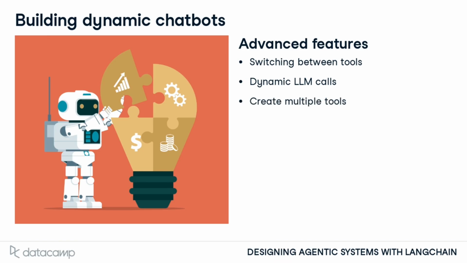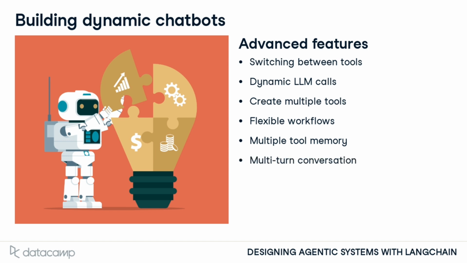You defined multiple tools, built flexible workflows for function calling, and organized chatbot outputs with memory that can handle dynamic tool calls. You wrapped up with multi-turn conversations, creating sophisticated chatbots capable of handling substantial workloads, such as answering questions related to a school curriculum.